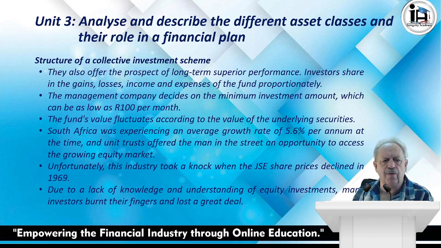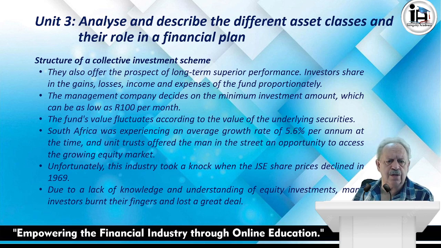The fund value fluctuates according to the value of the underlying securities. South Africa was experiencing an annual average growth rate of 5.6% per annum at the time, and the unit trust offered the man in the street an opportunity to access the growing equity market.